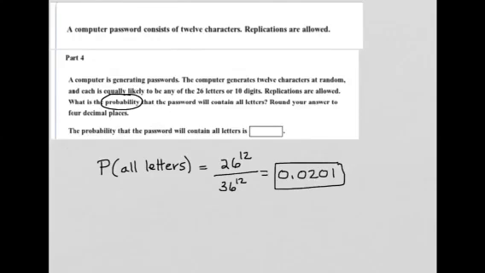To enter the exponent on the calculator, you're going to type in 26 and then use the caret 12 and then just divide by 36 to the power of 12. And that gives you the decimal.